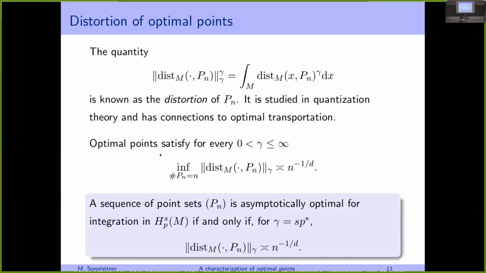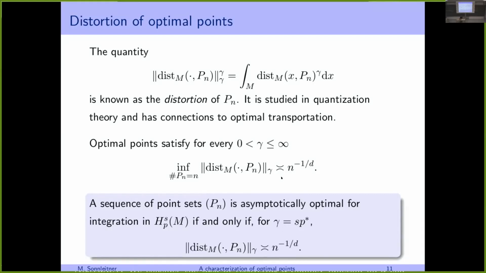Using this theory, one can obtain precise asymptotics here, but we are interested only in asymptotic equivalence and see that the optimal rate is again n to the minus 1 over d.